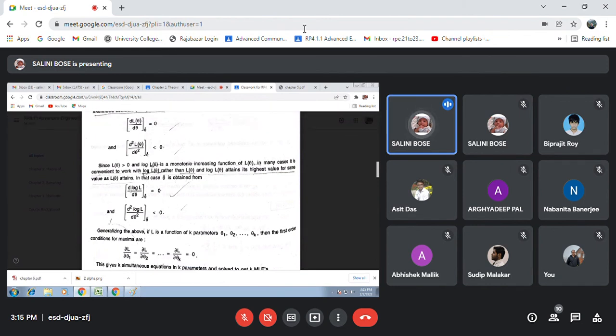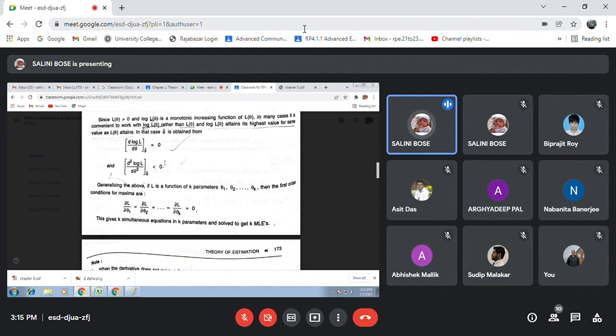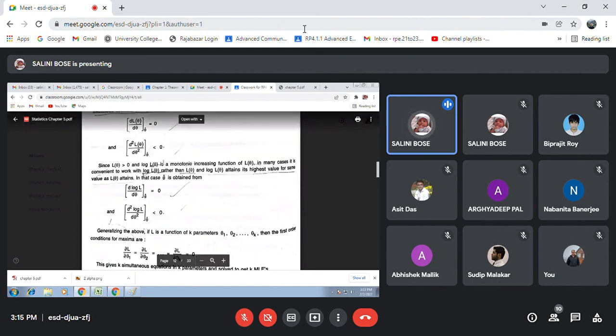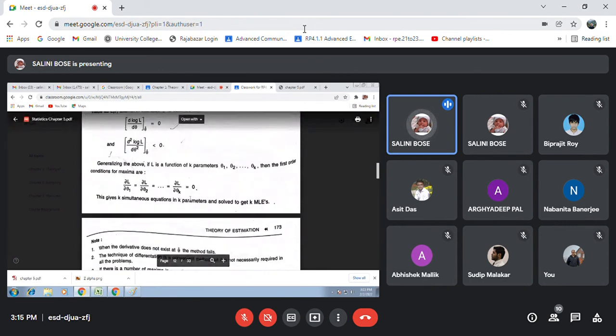Then the first derivative d by d theta of log of L theta equal to 0 will give you the value of theta, that is the maximum likelihood value. And to maximize this curve, the second derivative must be less than 0. Some examples will give you a proper idea on this.